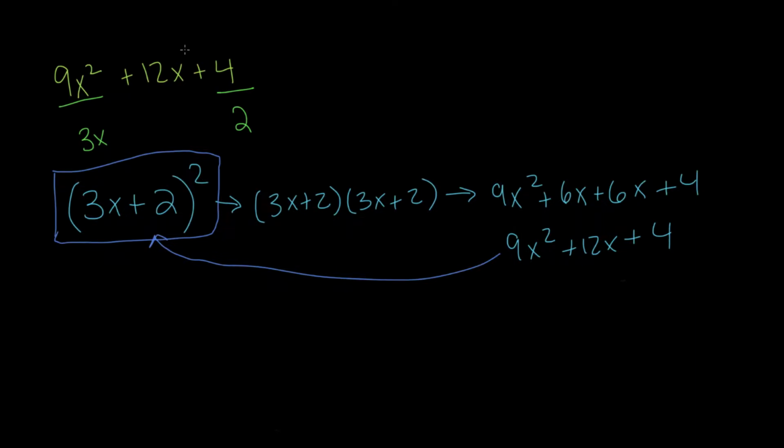So let's try another one. Let's say we have n squared minus 14n plus 49. So this is also a perfect square trinomial because the square root of n squared would just give us n, and the square root of 49 gives us just 7.